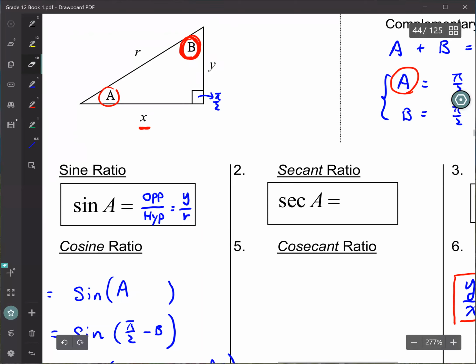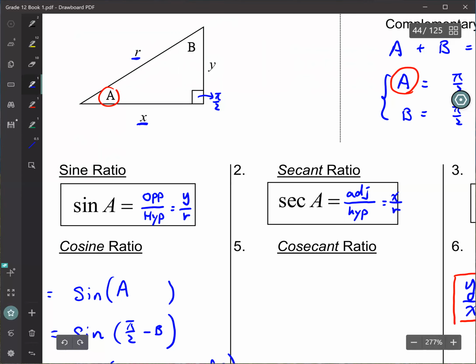Okay, so looking from angle A, x over r. Which side over which side is that? X over r. Cindy? Adjacent over hypotenuse. Yeah, adjacent over hypotenuse. Okay, so this is x over r.